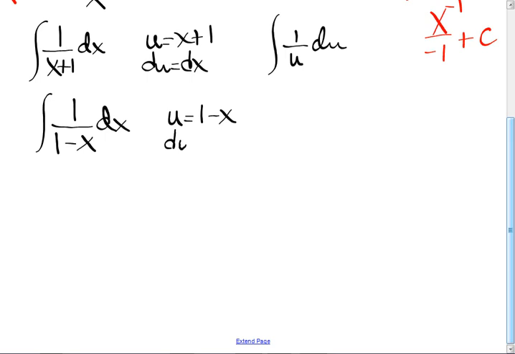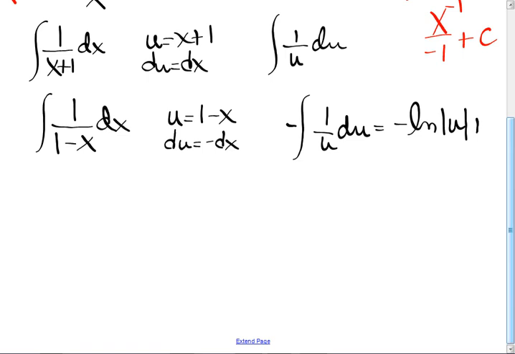What's du? Negative dx. Well, I've seen this many times on the exam in the free response. That's the reason why I'm going over it. Maybe it's 300 minus x. I don't care what it is. So then this is negative 1 over u du, which is negative natural log of the absolute value of u plus c. Do you see where the negative's coming from?